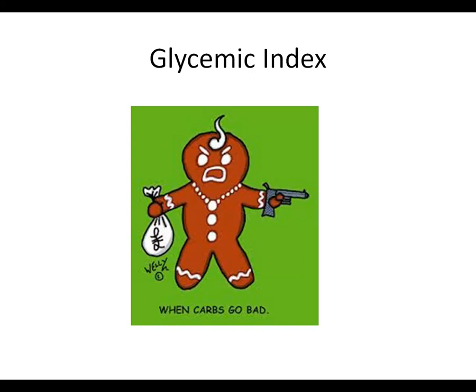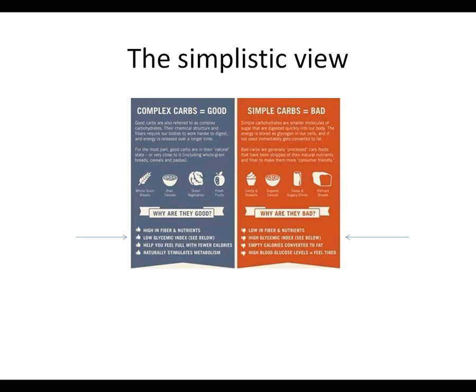This video is about the glycemic index. When you go on the internet, you can find categories of good foods and bad foods, and one of the things that you will see is the good carbs and the bad carbs.